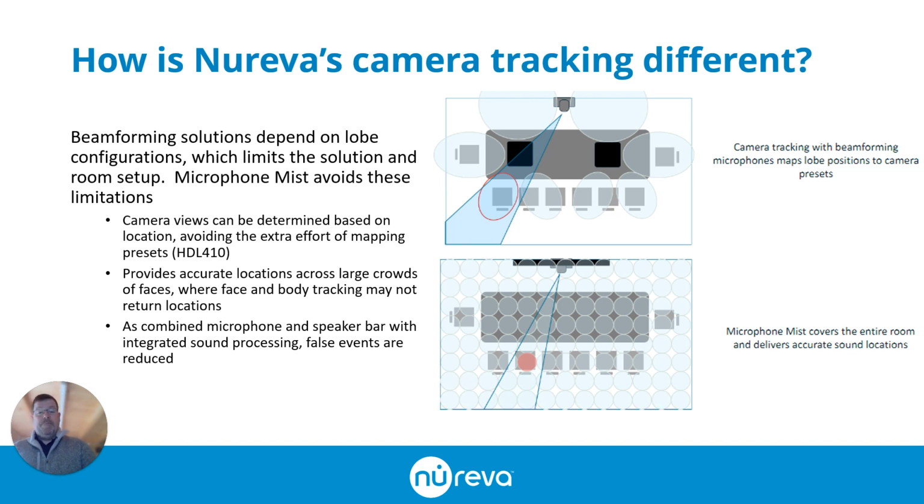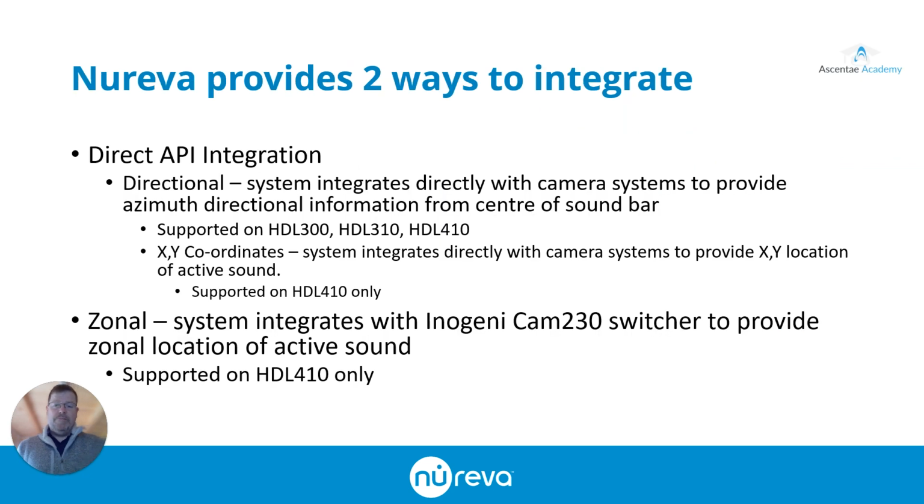And finally, because the HDL is an integrated speaker and microphone solution, it knows where the speakers are located. So there is a reduced risk of false events triggering the camera and trying to lock onto the speaker bar in the room when a remote participant is active.